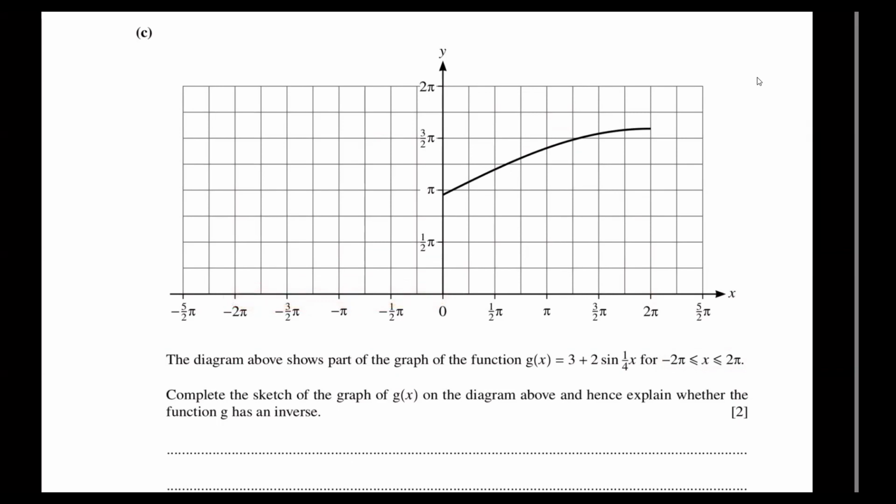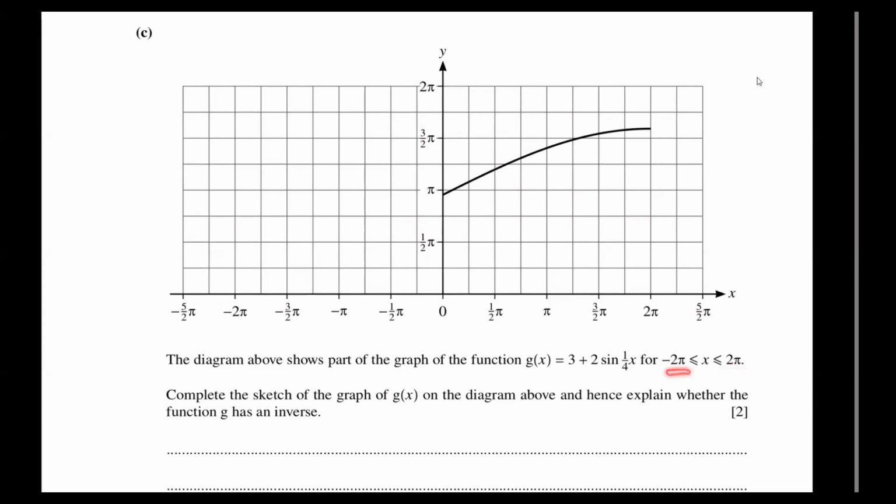So what is happening here? Let's see. We had the maximum point here. We have a sine graph, and for a sine graph there is a maximum point and a minimum point. What happens when x is minus 2 pi?